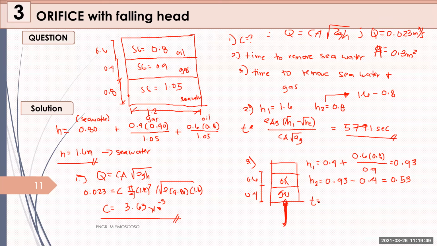Yung area ninyo ng orifice, that would be 0.3. Square root of 2 times 9.81. Therefore, the time to remove the gas inside our tank, that would be 110.832 seconds.